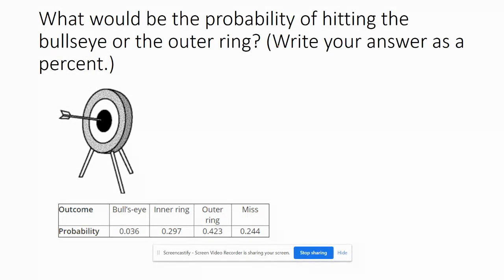So this asks what would be the probability of having a bullseye or the outer ring. So this is the bullseye, of course, and this is our outer ring. What's the probability of hitting either one of those? Because we have our "or", of course, that means I can hit either one of them.